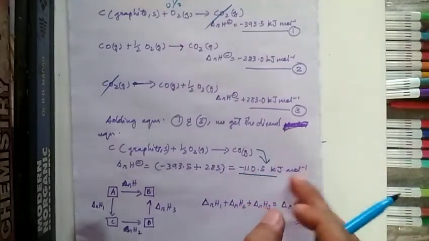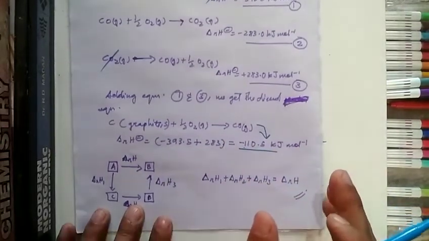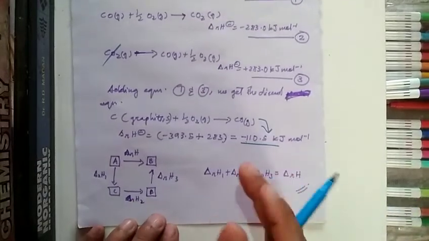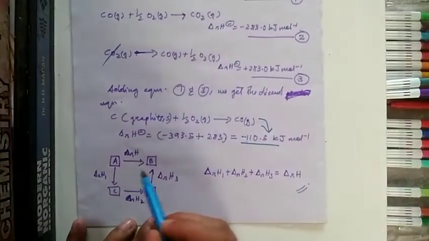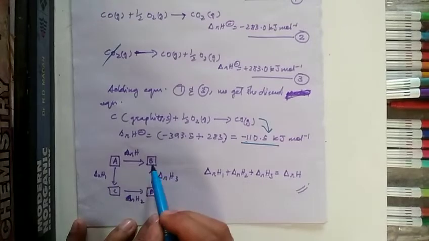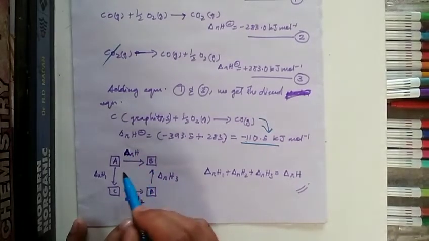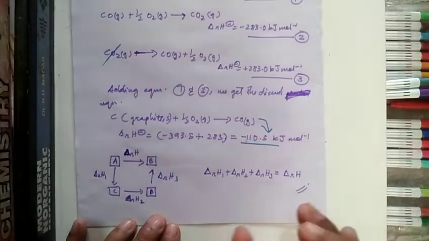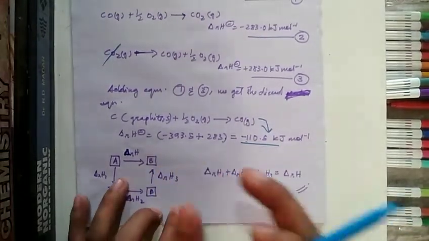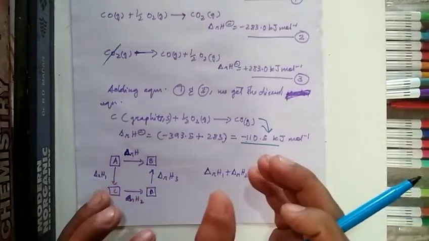So according to Hess's law, what Hess's law is trying to say is, for the first case, A plus B, so this is delta rH. From A plus B we will get this enthalpy.